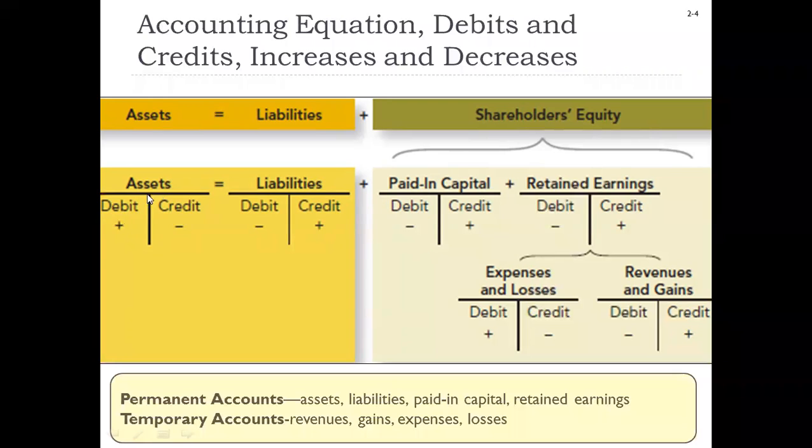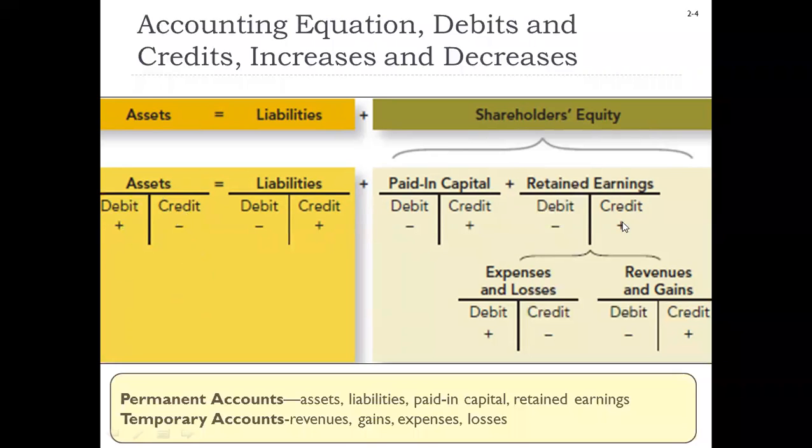And for assets, remember that increases in assets are debits, decreases in assets are credits. So you remember the term debit simply means the left side of the T account. The term credit simply means the right side of a T account.